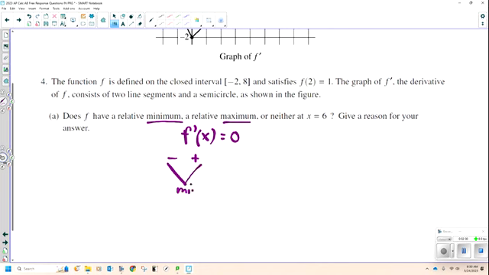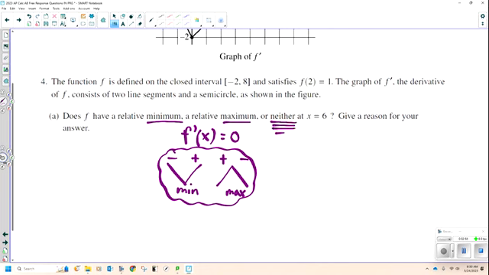That would give me a minimum. If I have a positive first derivative and then go to a negative first derivative, derivative means slope, that means I have a positive slope to a negative, and that would give me a max point. If I don't have either of these situations, that means I have neither at x equals 6.